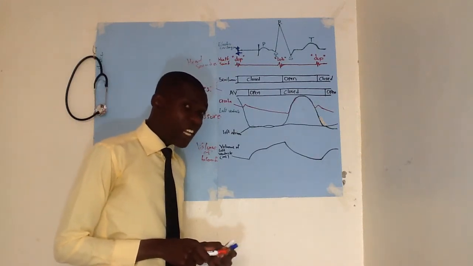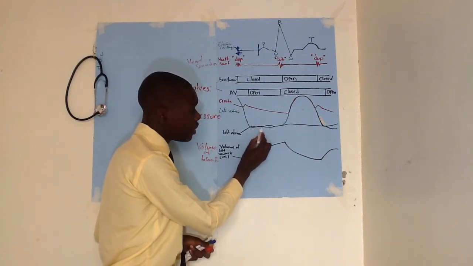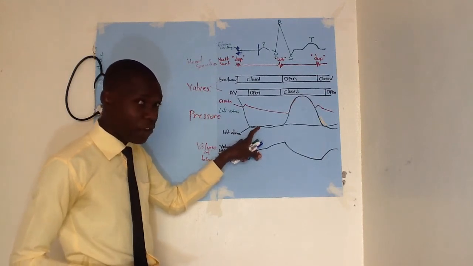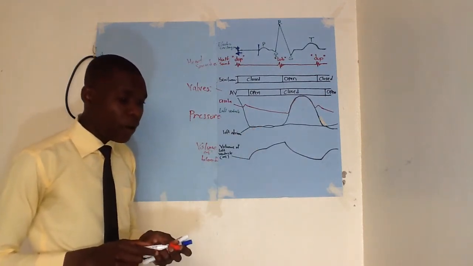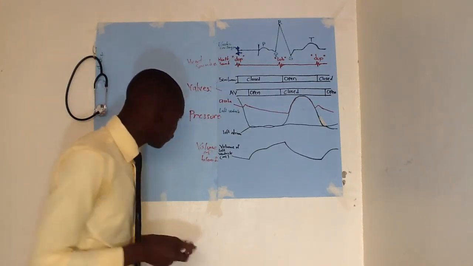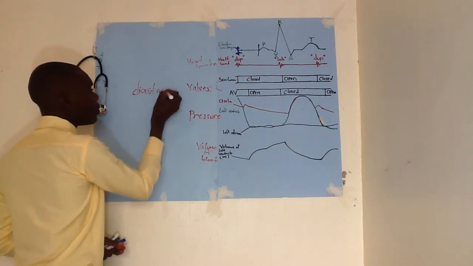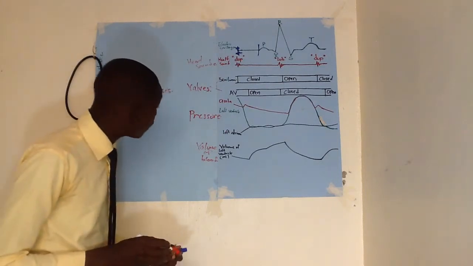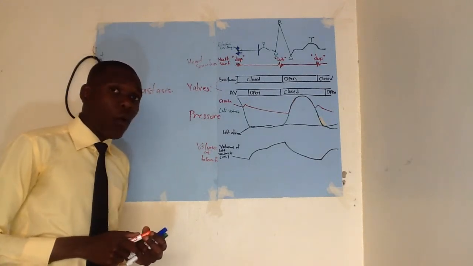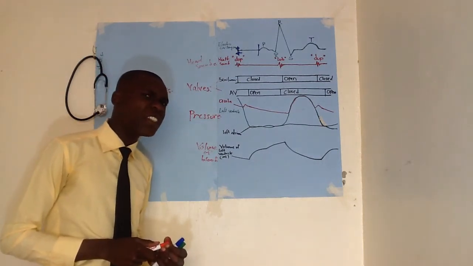When both the pressure in the atrium and the ventricles is equal, at this state here, we are going to have a condition known as diastasis. And in this condition known as diastasis, we are still having ventricular filling, but the ventricular filling is very slow.